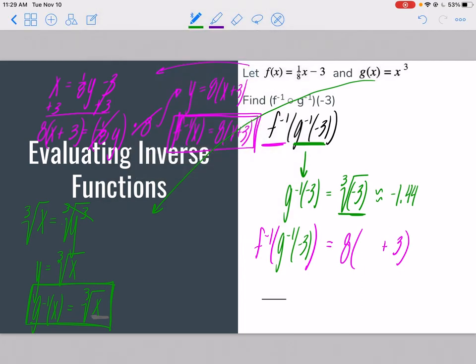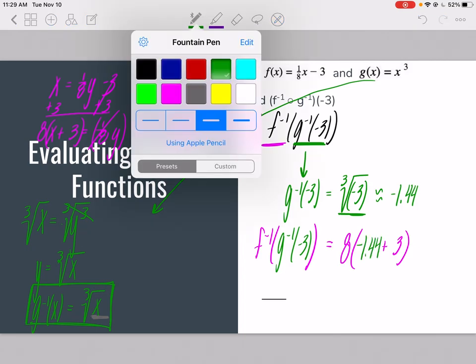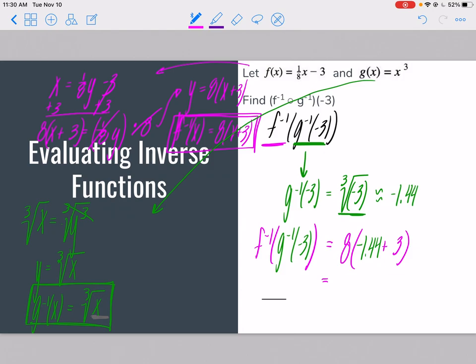Okay, so we could either plug it in like this, or we're going to have to approximate here, so we could plug it in as negative 1.44 approximately. Okay, and then that plus 3 gives us about 4.44, and then times 8 gives us approximately 35.54.